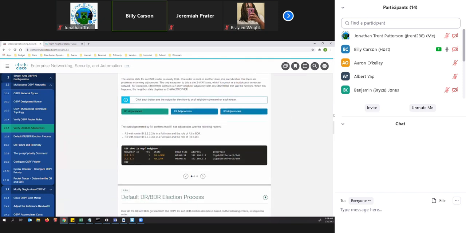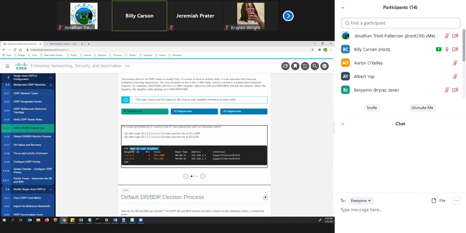And how can we view that with the commands? Well, it's basically show ip ospf neighbor. This is kind of like, remember show cdp neighbor? CDP is Cisco Discovery Protocol is what it stands for. Well, this is kind of something similar to that, where this is saying, okay, I'm on router 1 and I'm typing in show ip ospf neighbor. I want you to go out and tell me the neighbors that you're associated to.